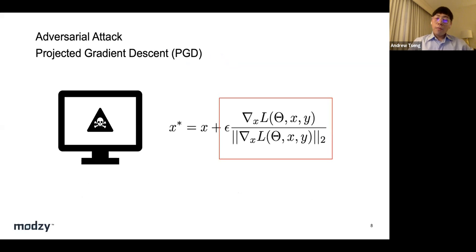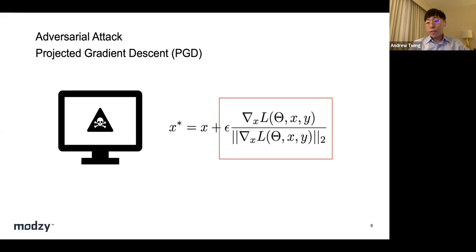First, before talking about the workflow, I want to introduce the attack we use in our AXAI solution. The attack we use is called projected gradient descent. It has a formula like this, where X is the input image, the original image, and X star is the perturbed image. Everything on the right-hand side of this plus sign is the adversarial noise.